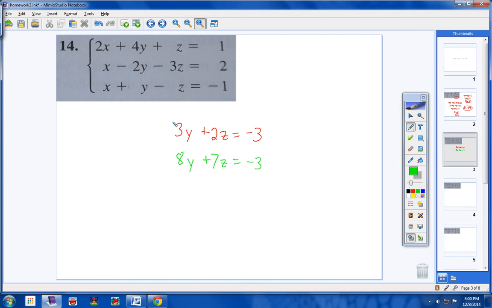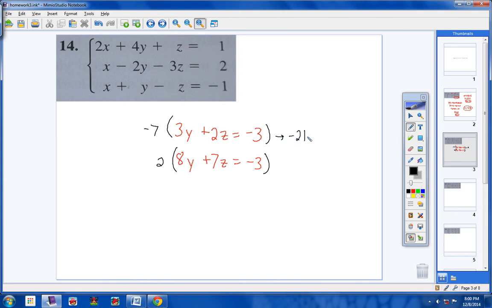I'm going to multiply my top equation here by negative 7, and multiply my bottom equation here by 2, excuse me. That'll give me a negative 14 here and a positive 14 here. So here's what I come up with.